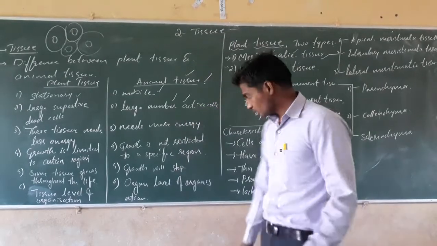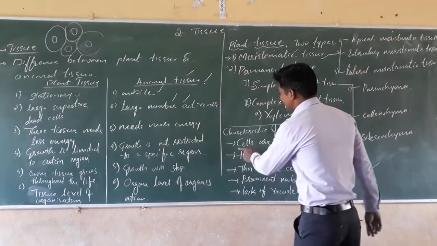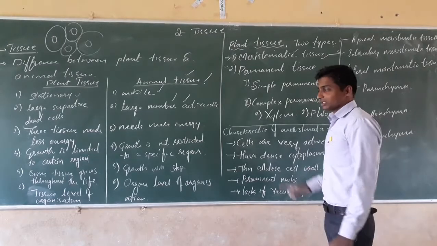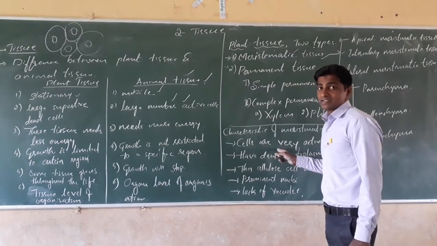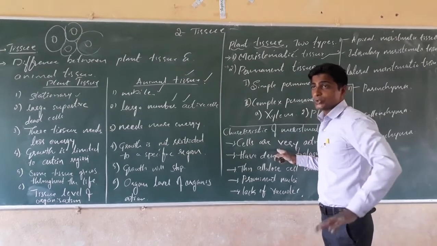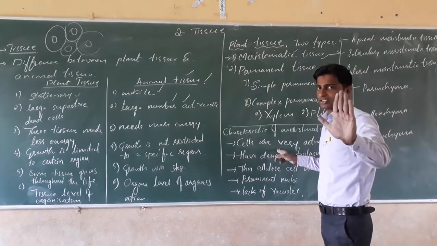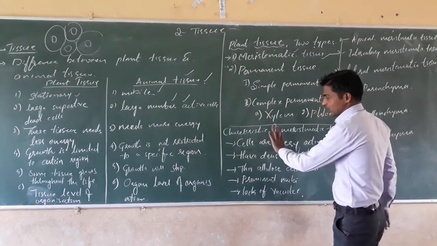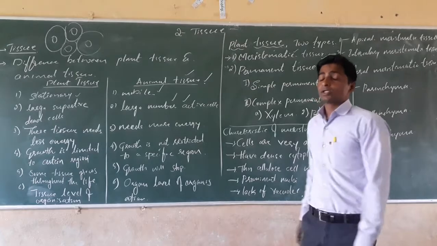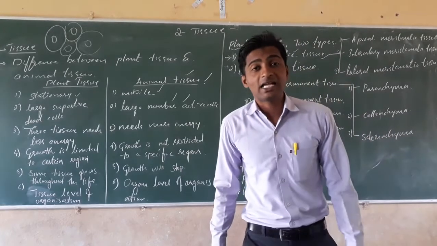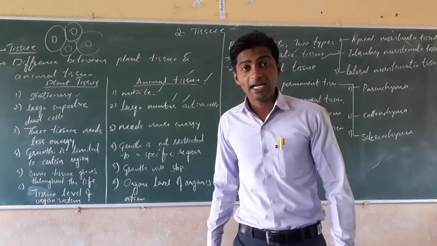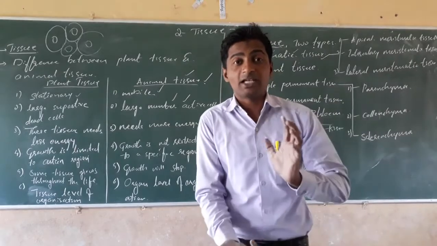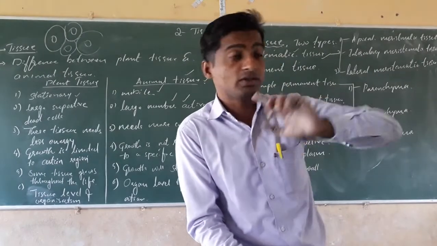Understood? Next, the cells are very active. The rest of the cells are not active, non-mobile, stationary, which we have studied. In case of meristematic tissue, the cells are very active, and the rate of growth is more.